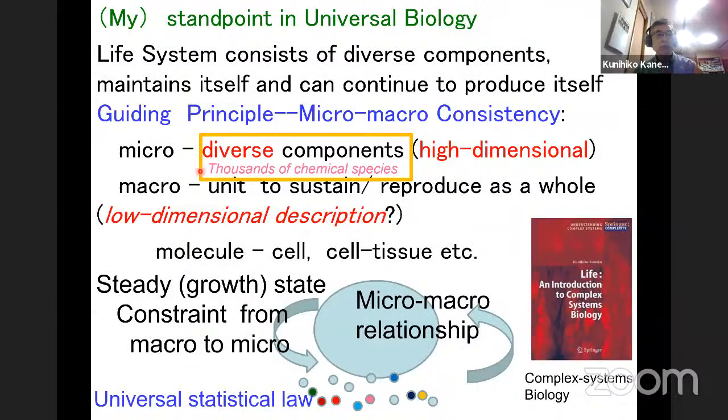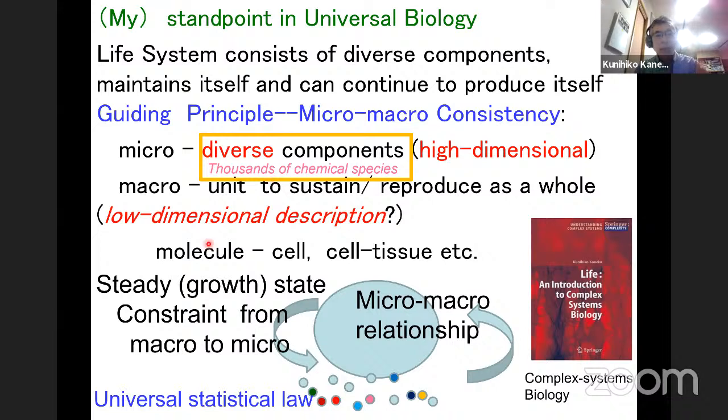With this constraint of robustness at the macroscopic level, there may be a low dimensional description for the huge high dimensional microscopic space. That's quite similar to the spirit of thermodynamics versus statistical physics. But we are not in an equilibrium system, so we need something new. That's what we aim at with universal biology.